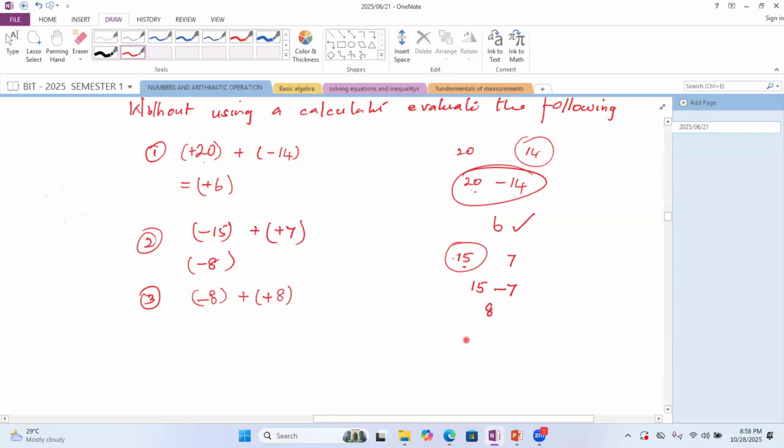We write the numbers without sign, 8 and 8. They are both the same, so subtract one from another. 8 minus 8 is 0. So 0 is the value. 0 is neither negative nor positive, so that is a neutral value. So we don't write a sign. That is 0.